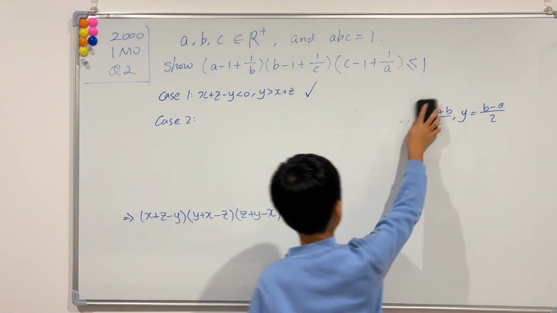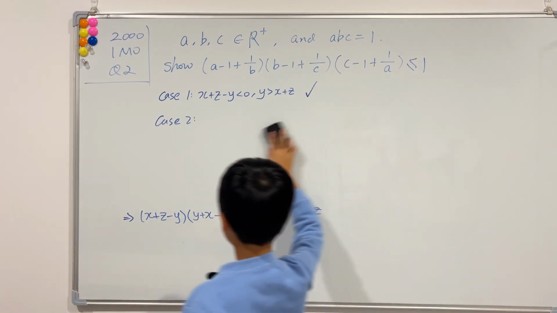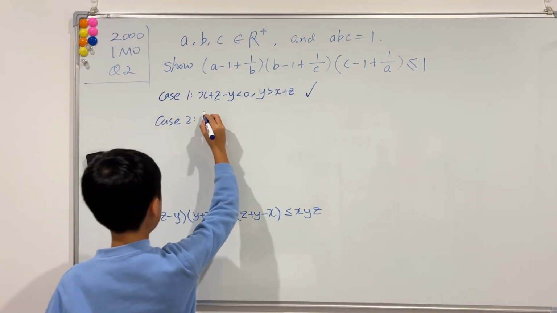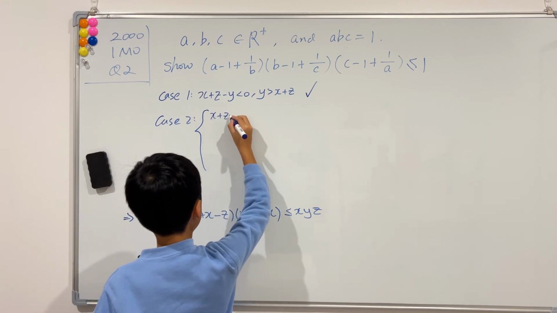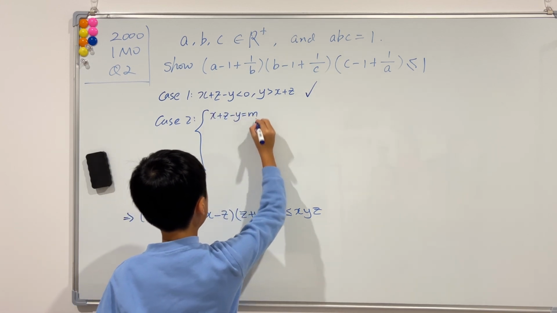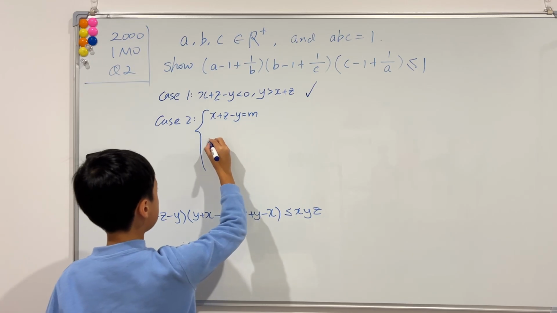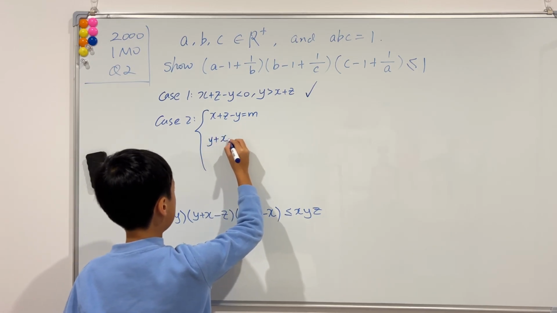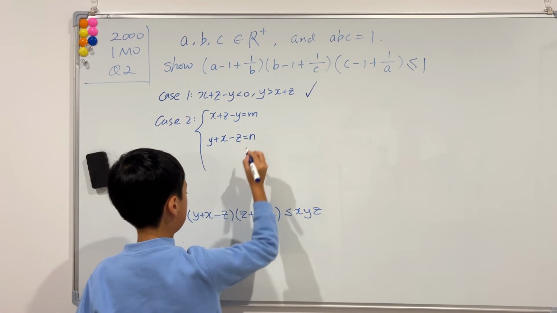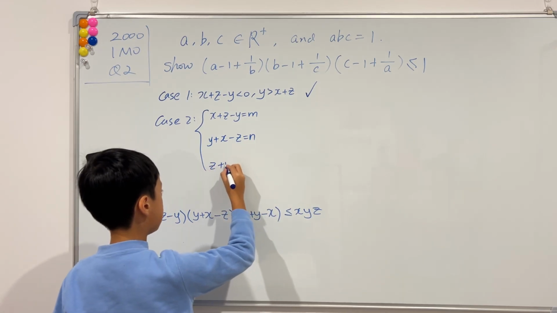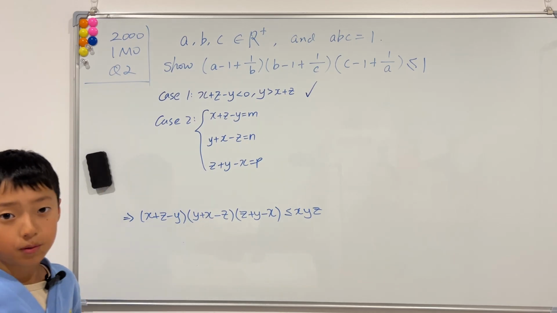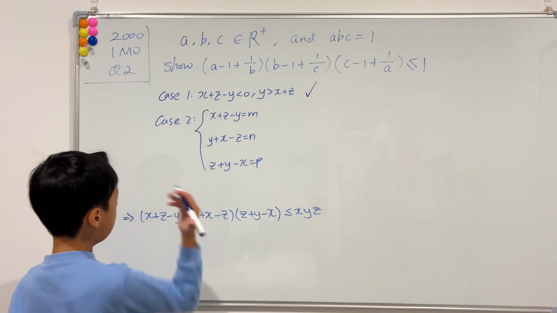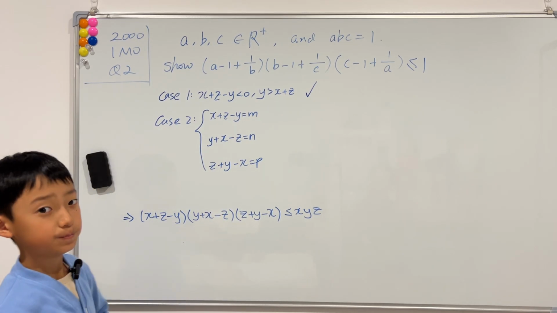I'm going to rub this out. So I'm going to let x plus z minus y be equal to m, y plus x minus z to be n, z plus y minus x to be p. Now, just note m, n and p are all positive because case 2 assumes that all of these are positive.